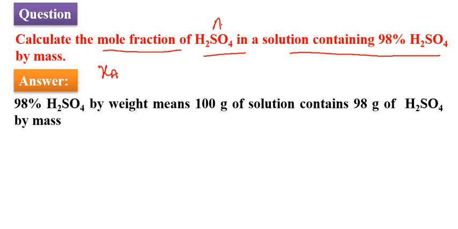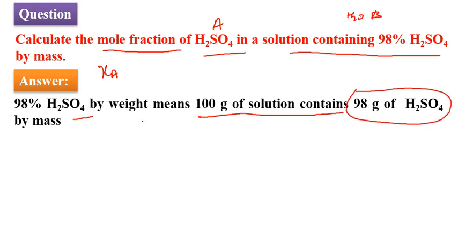Suppose H2SO4 is A, of course water will be B. Now 98% H2SO4 by weight means 100 gram of solution contains 98 gram of H2SO4. 98% means 98 gram is present in the 100 gram of solution. Okay, first line is clear.